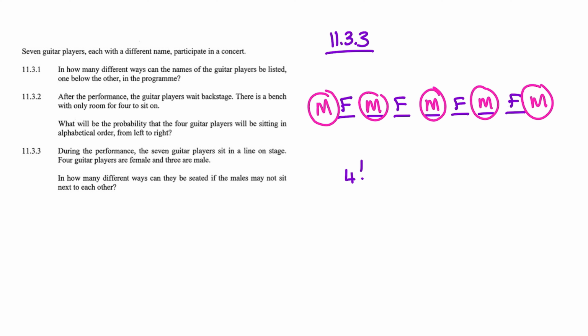So if I take this male away, that's another type of combination that I can have. So what you see here is that there are 5 different types of groups in which males can be seated.